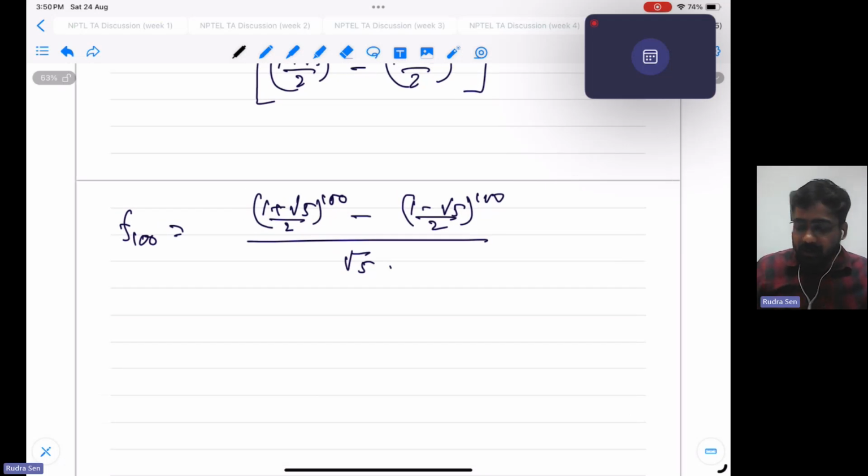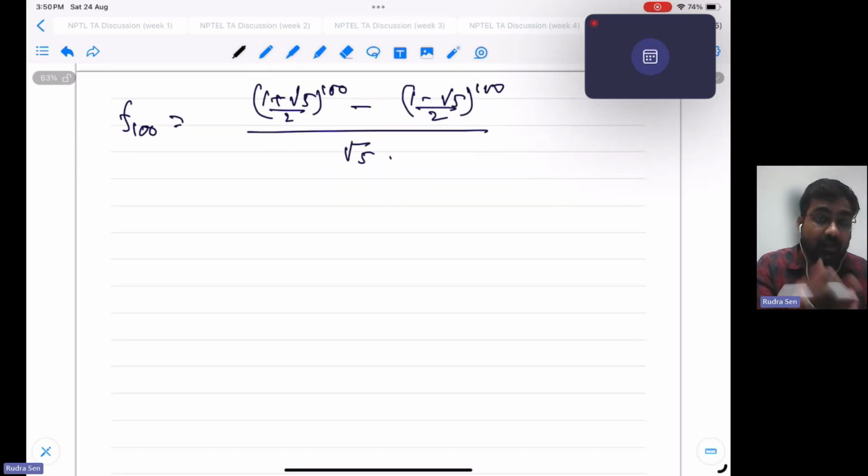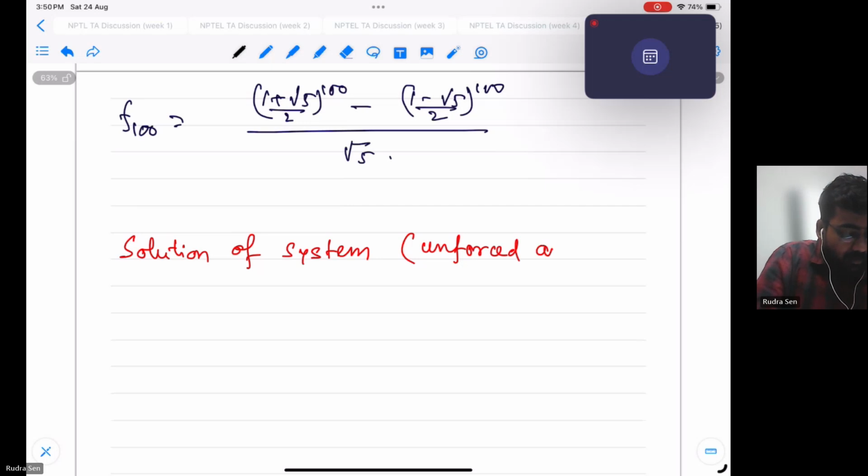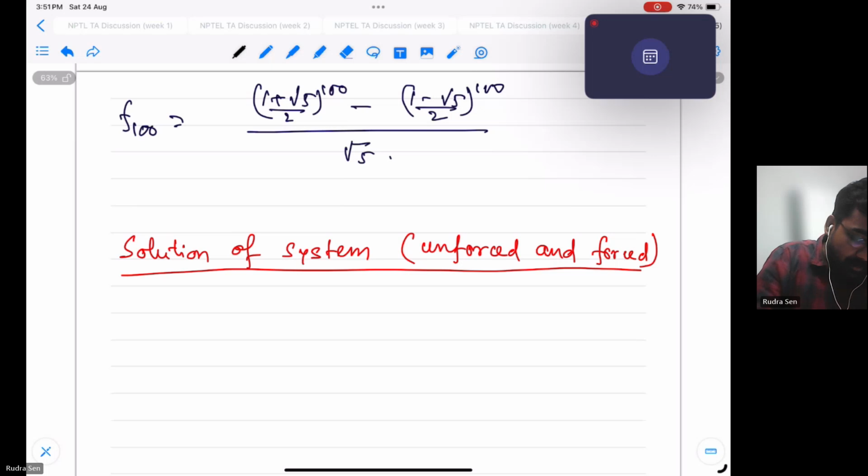Now the next thing is the solutions of a system: forced and unforced system, solution of a system.